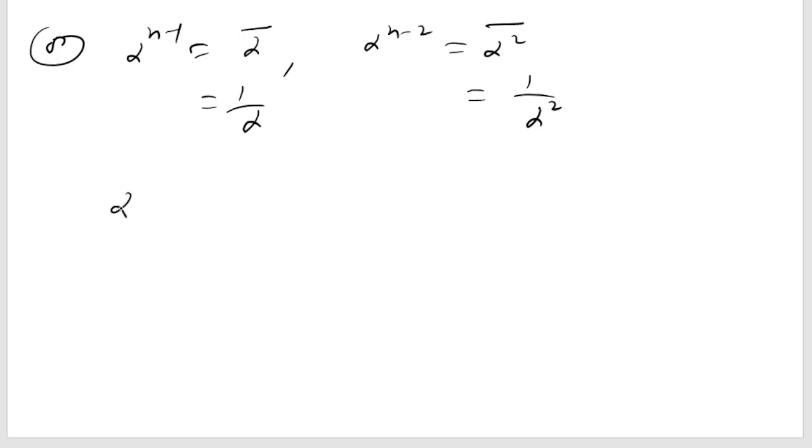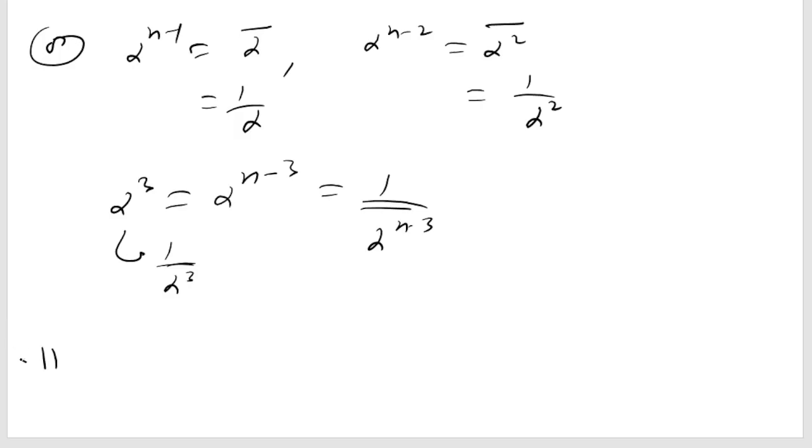Same way, alpha to the power 3 is alpha to the power n minus 3 bar, which is also the same as 1 upon alpha 3 bar.